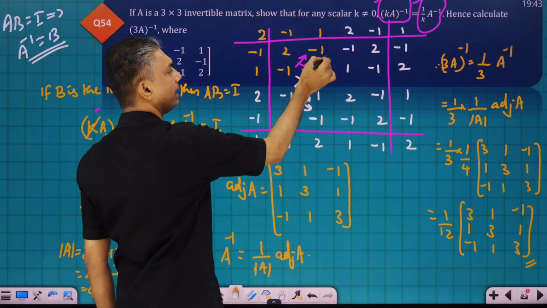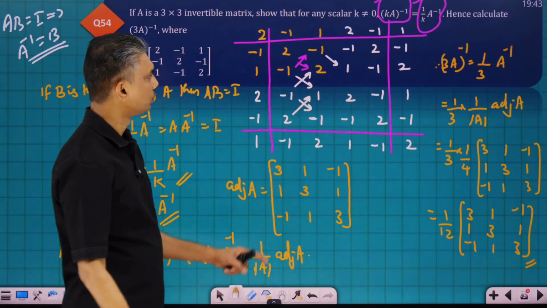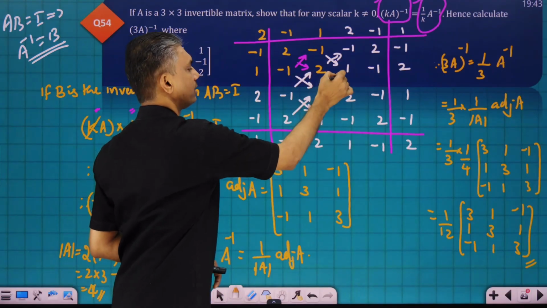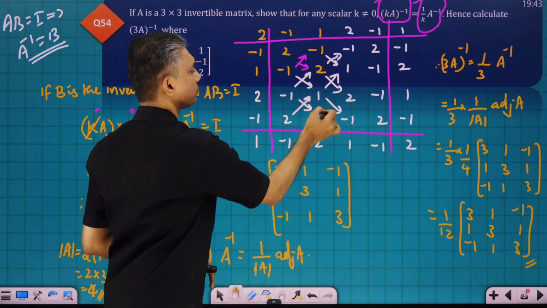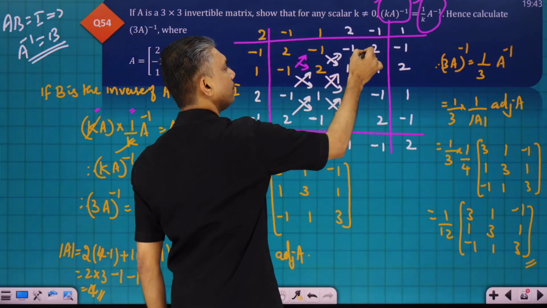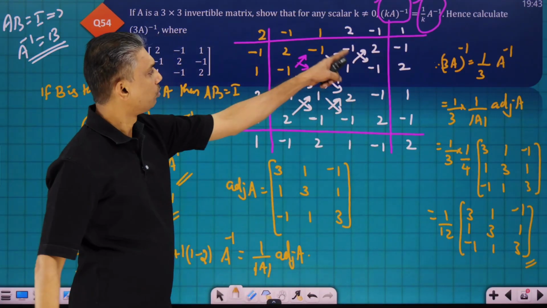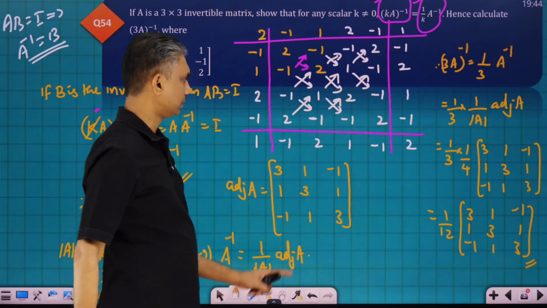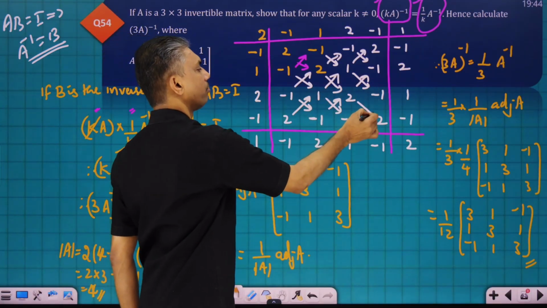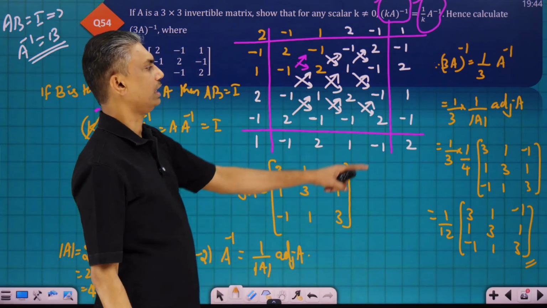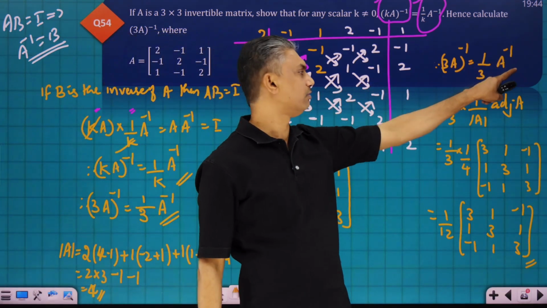Now the second row: minus 1 plus 2 is 1, and 4 minus 1 is 3. Minus 1 plus 2 will be 1, and then 1 minus 2 is minus 1. Minus 1 plus 2 will be 1, and 4 minus 1 is 3. So, this is adj.